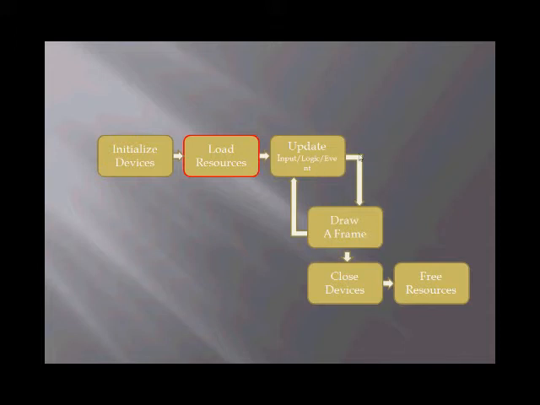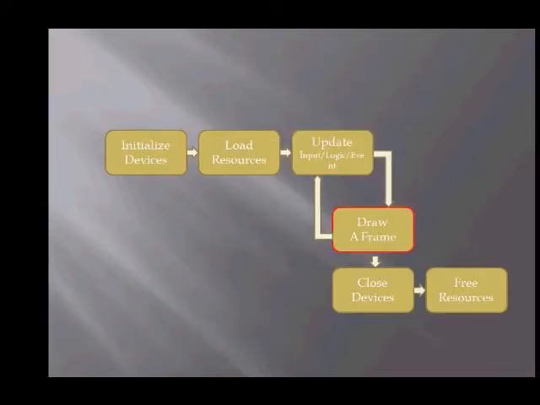The next one is update. This step consists of three things: user input, game logic, and game events. After the update state, the sequence of methods goes to the draw state. Inside the draw state, you will see everything in the game.